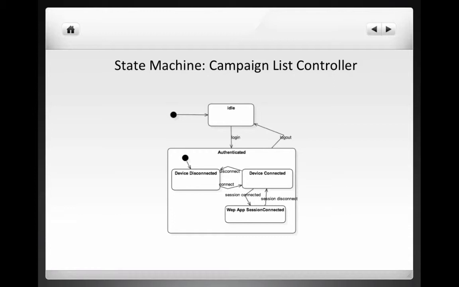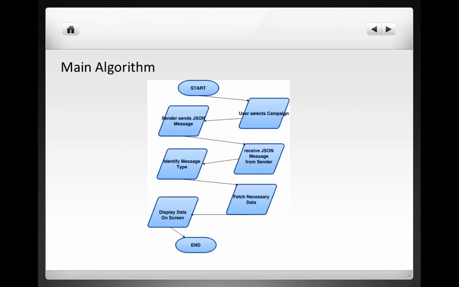Once the user connects to a device, he is in the device connected state, and when the receiver application is launched on the Chromecast, the system goes to the web app session connected state. And in any state, the user can log out and go back to the idle state.